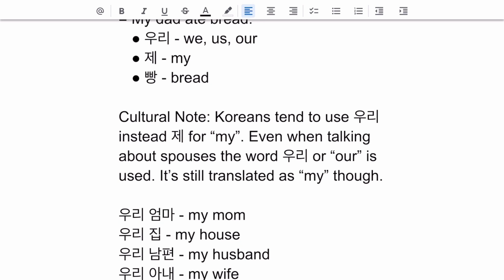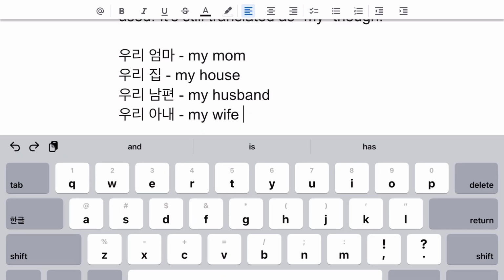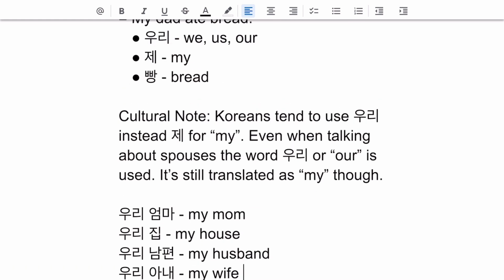Hopefully it's not everyone's husband, but we're still going to say 우리 남편, 우리 아내. I like when parents say this to their children too. 우리 아들, 우리 딸, our son, our daughter, or they'll use their name. 우리 송준, 우리 민지. It's kind of a cute thing to me sometimes.